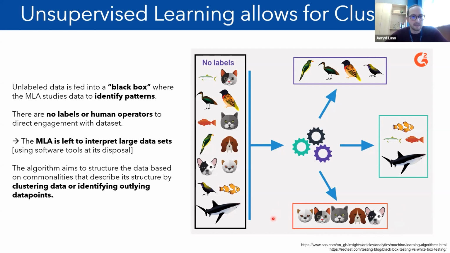What we are left to do is try to understand how this machine has interpreted these data sets. The algorithm aims to structure this data based on commonalities that it finds, and so it clusters it based on identifying features. One can see the value in that, and that this is often used for explorative research, where similar commonalities or features are not necessarily known. But one can also see the complications that come with this, where human understanding of differences may not always be replicated by the machine.